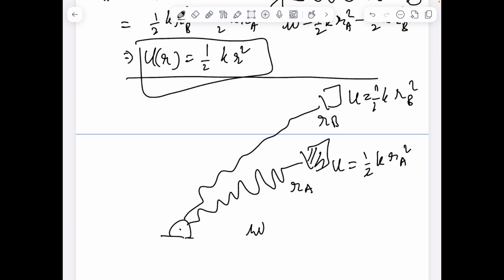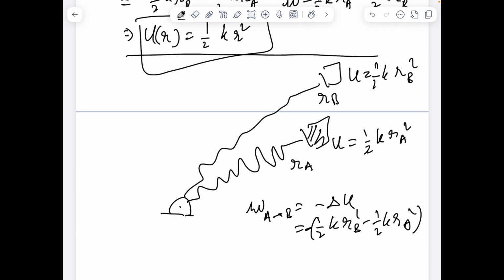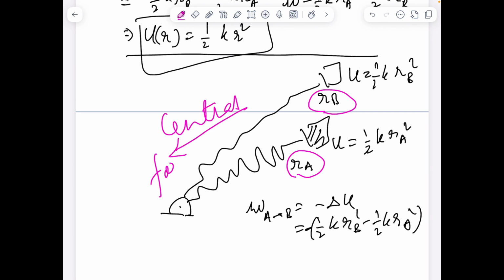The work done from A to B is simply minus delta U, that's the negative of half K Rb squared minus half K Ra squared, right? So it's only dependent on the initial and final positions in the polar coordinate system. It's independent of anything else. Therefore, the central force is a conservative force. And yeah, let's conclude that.